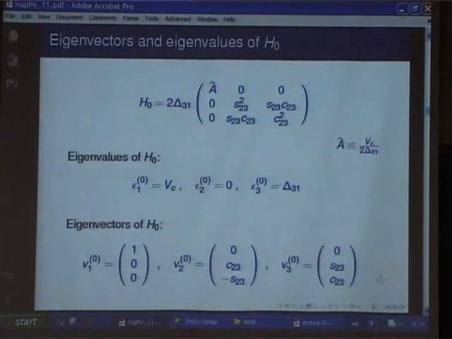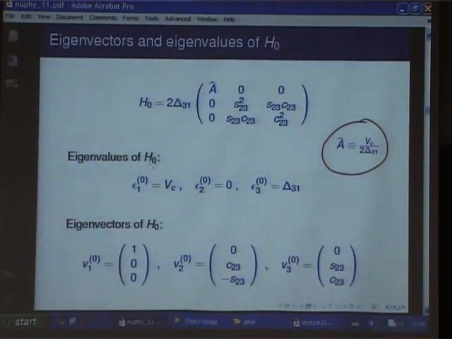This is something that we already solved, but I'll just give you some notation. One standard notation is this definition: VC divided by 2 times delta 31 is called A hat, which happens to be standard notation. Then this matrix H0 becomes simply like this.